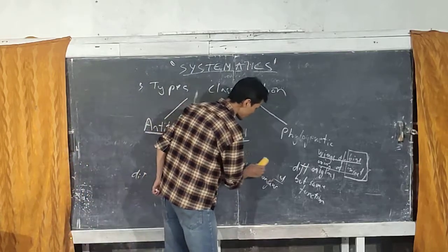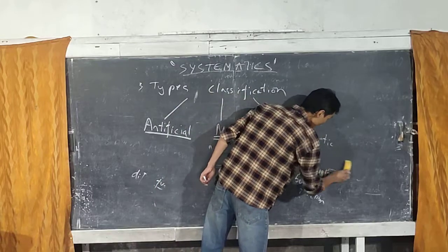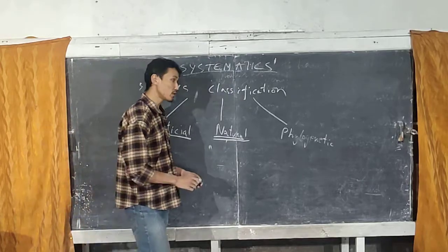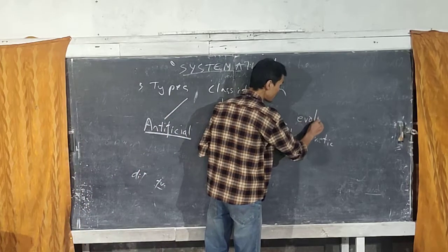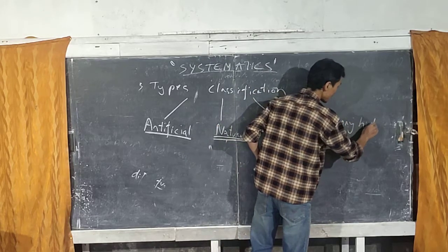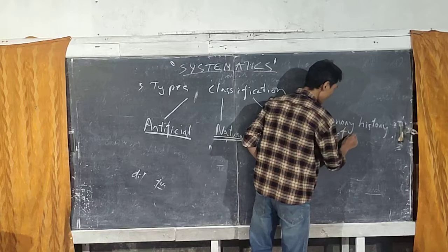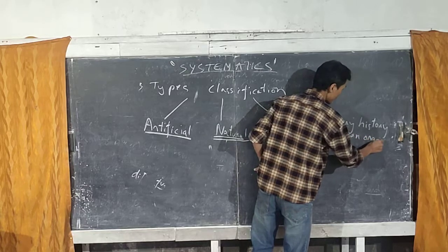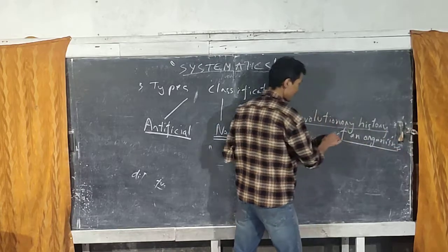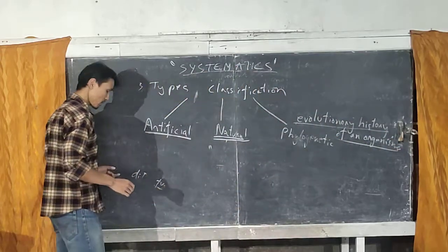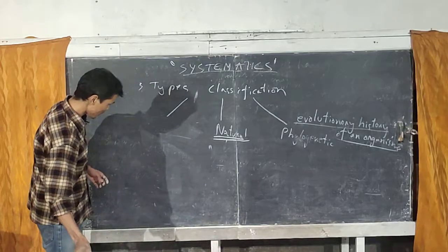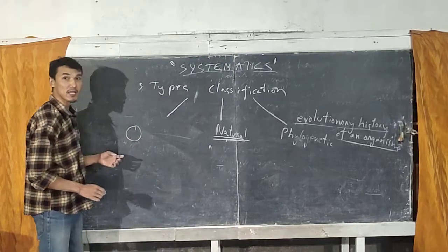Now, moving on to the third type of classification, it is phylogenetic. By phylogenetic, what it means is we're taking into account the evolutionary history of an organism. Generally, we all know or generally accept that life originated from a single cell.